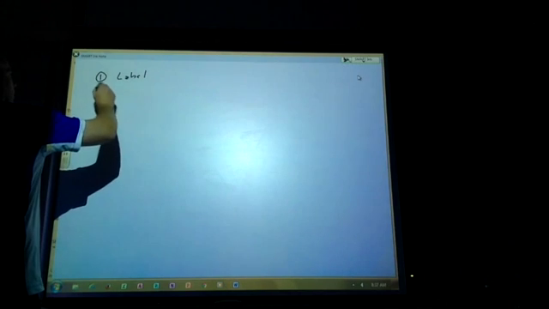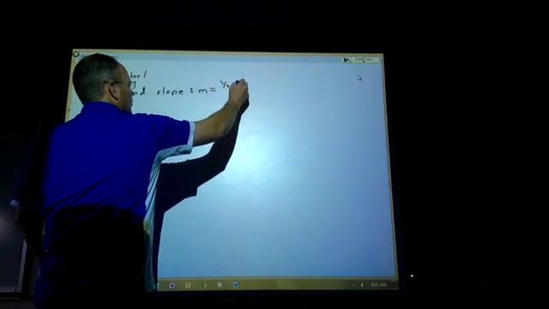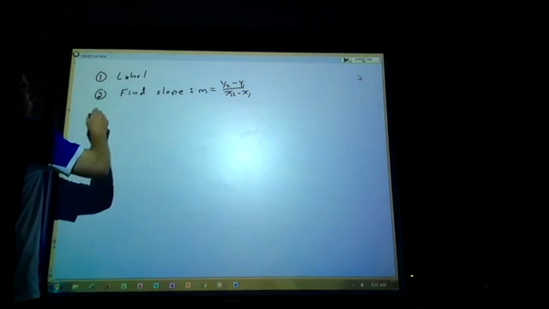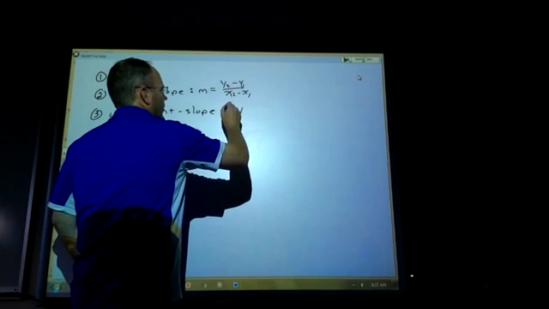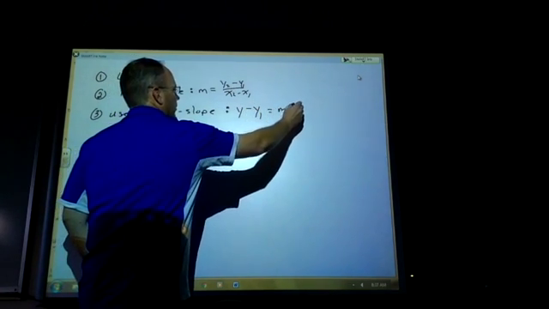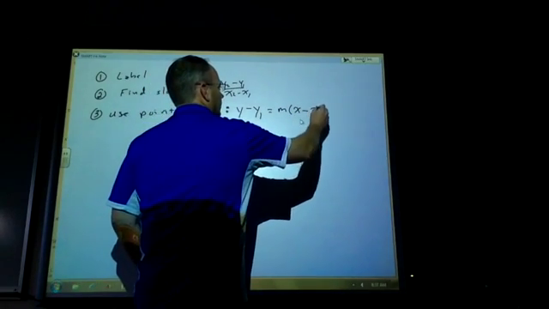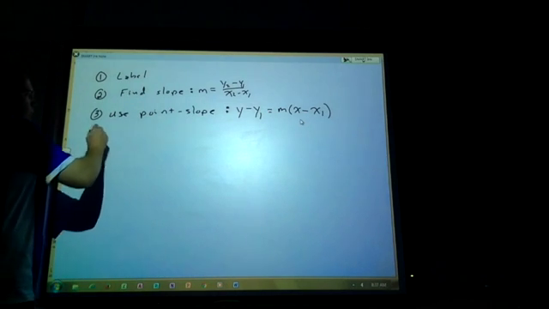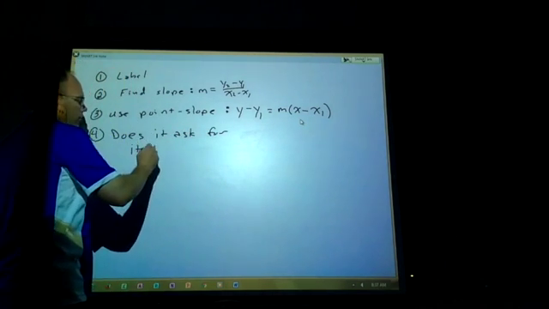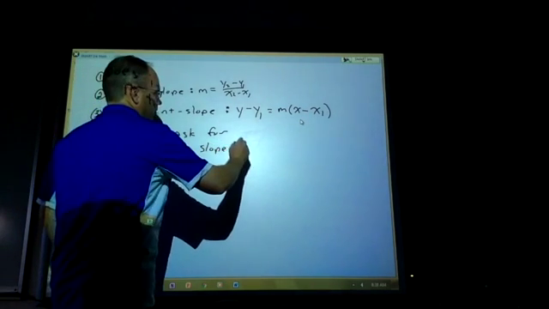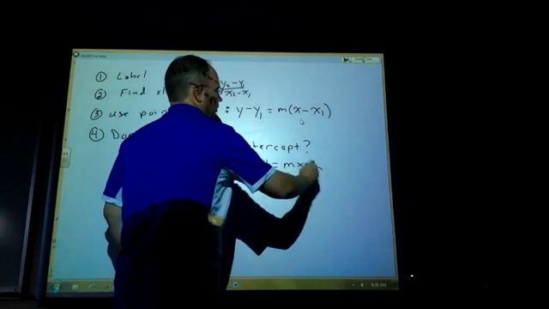So label, find slope, use point slope. Okay.